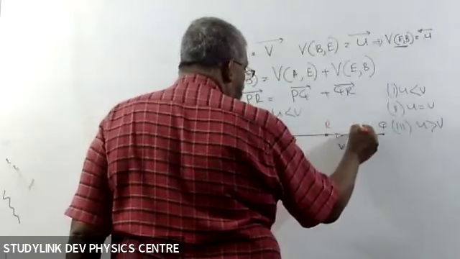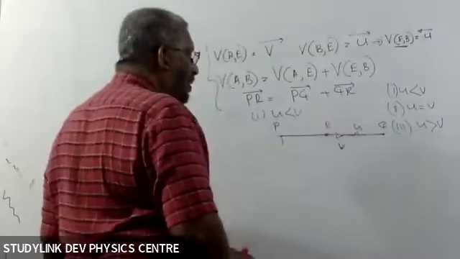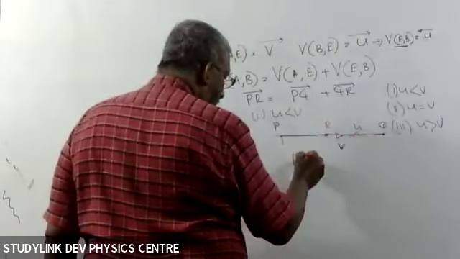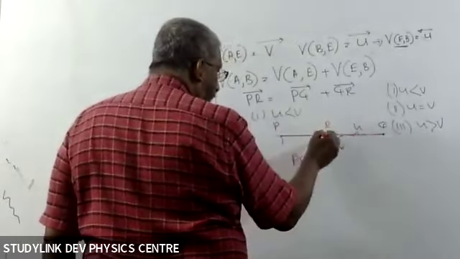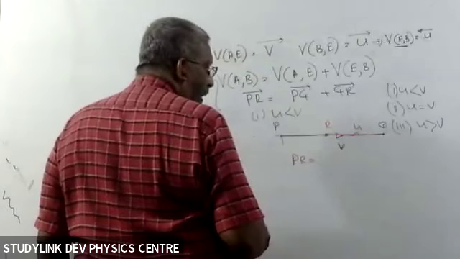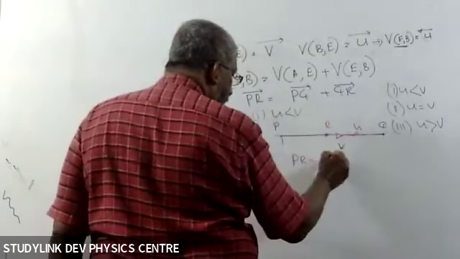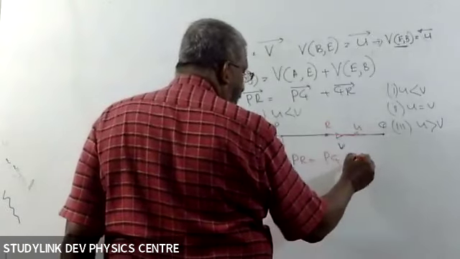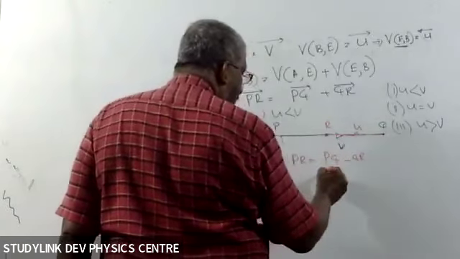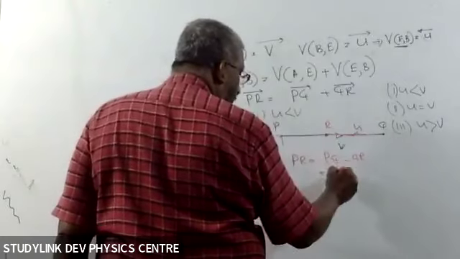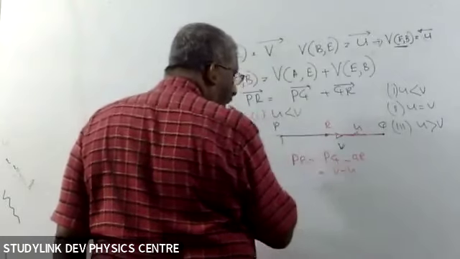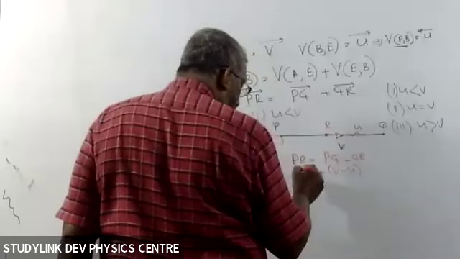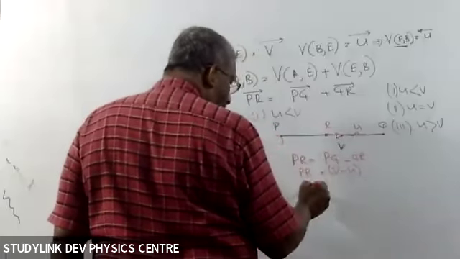Then the red one is U. Then our value PR: PR is equal to PQ minus QR. PQ is V, QR is U. Then this is V minus U, the PR value.